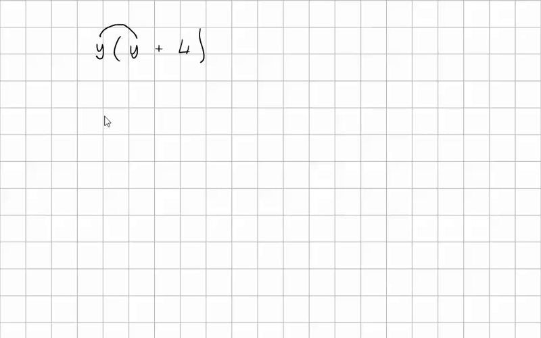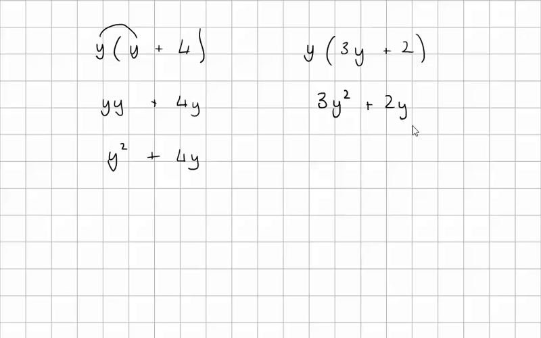But this would be y times y, now you could write yy, but we don't do that, plus 4y. Now yy is actually written as y squared. So y squared plus 4y. And in the same way, if y is multiplied by something like 3y plus 2, it would be 3y squared plus 2y.